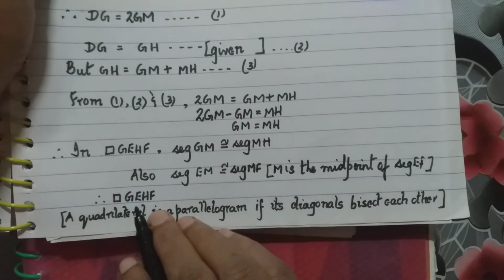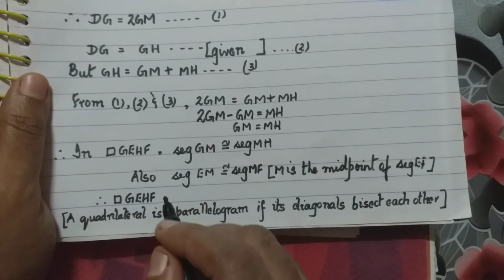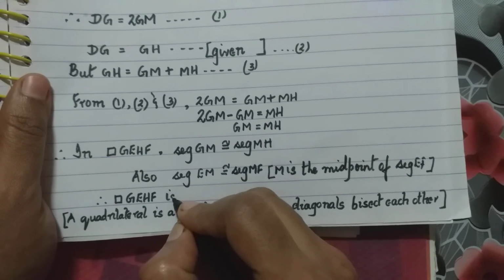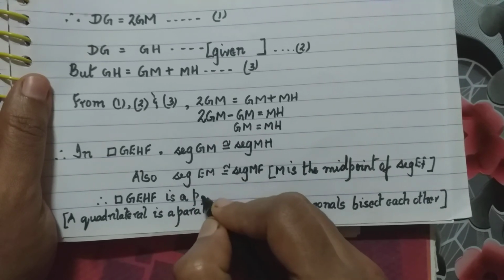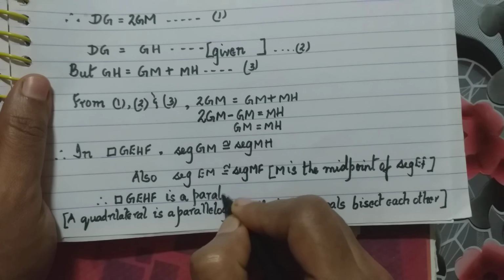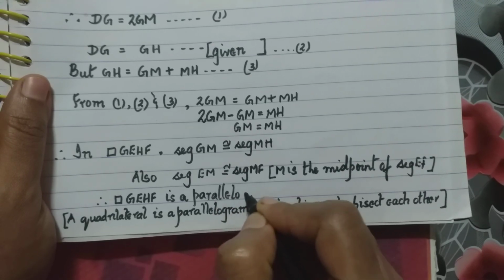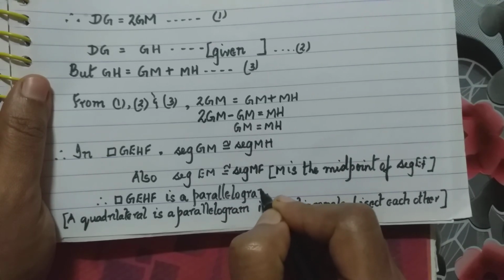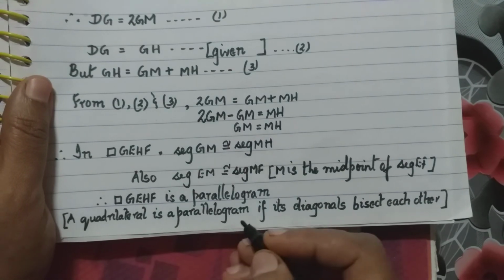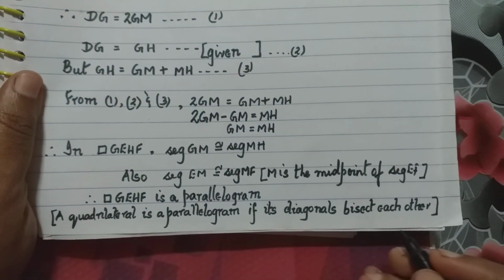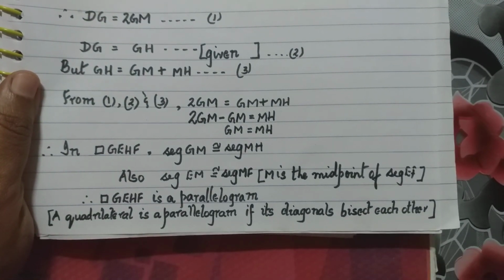So we can say now, therefore, quadrilateral GEHF is a parallelogram, and write the reason: a quadrilateral is a parallelogram if its diagonals bisect each other.